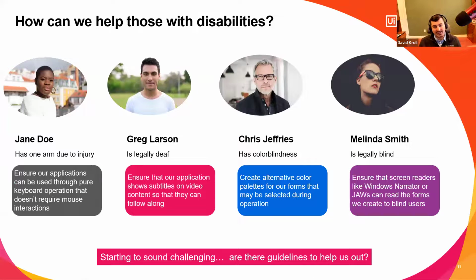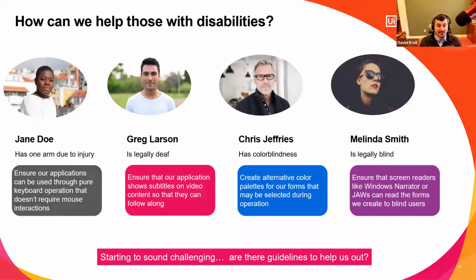Well, we have to start somewhere, and the types of accommodations we create will vary greatly depending on the ability or disability. So, for example, for Jane Doe on the left there, she only has one arm due to an injury, so she can only use a keyboard. So, we have to make sure our application doesn't require a mouse. For Greg, who is deaf, we need to show transcripts and subtitles with all audio and video content.